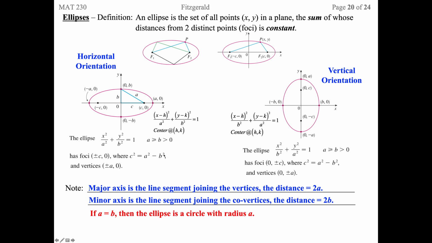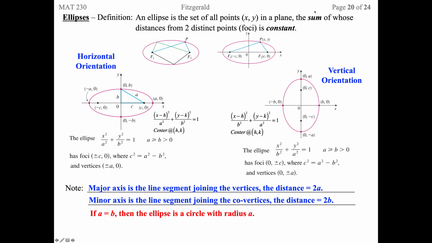Now, if your a and b are equal to each other, then you have a circle, not an ellipse, and your radius would be the value of a. Okay, now another distinct fact I want to point out here is that if you were to flip this triangle over to here, and draw another triangle right here, your f1 to some point to f2 would be a plus a.